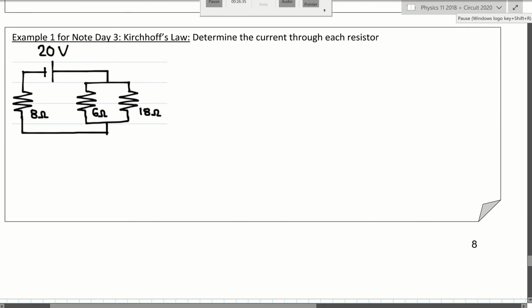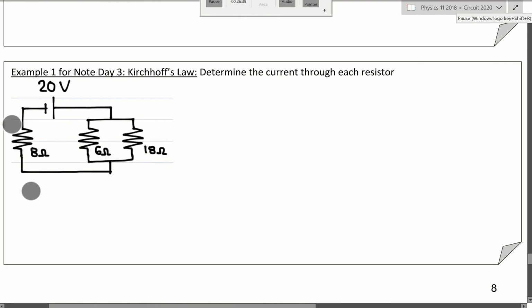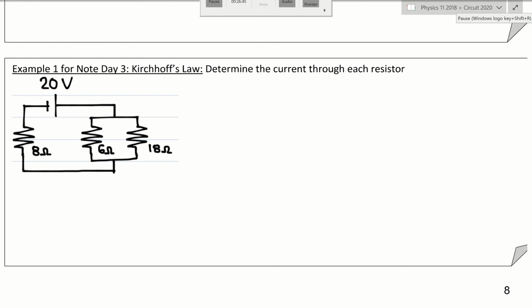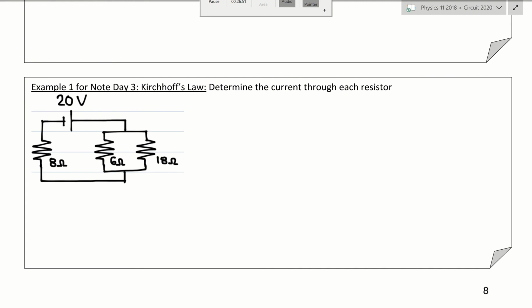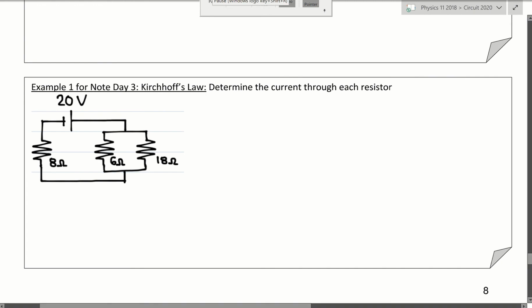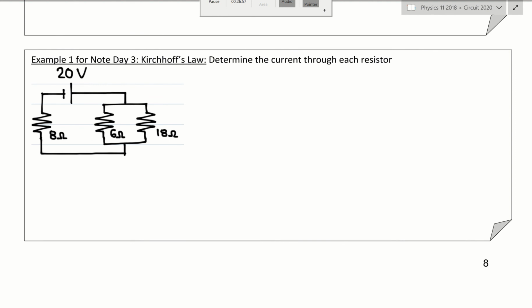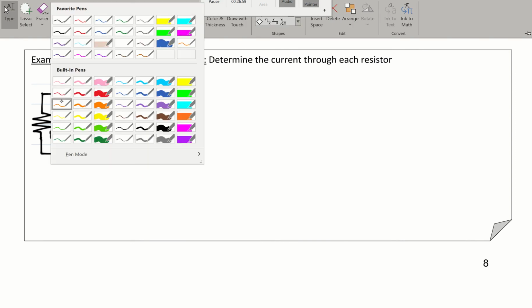Okay, so let's see how this is done. We're going to redo that question that we did last time, but now we have Kirchhoff's laws. We have the voltage law and the current law to help us. So the beginning part is actually very similar to what we did last time, which is I will have to find the total resistance first.